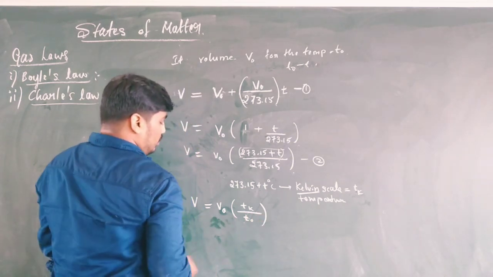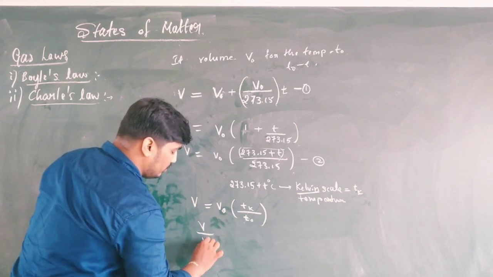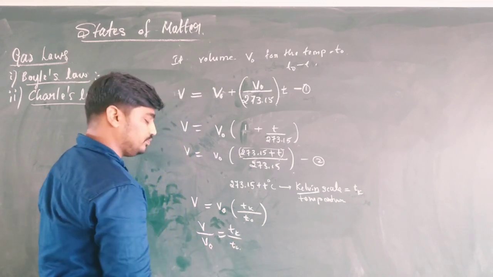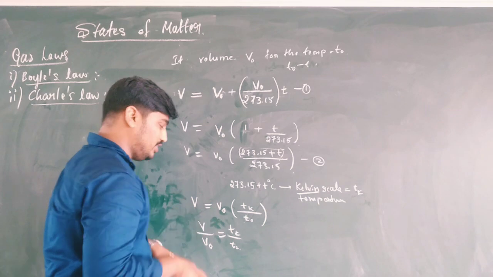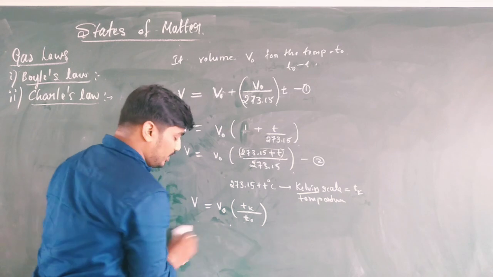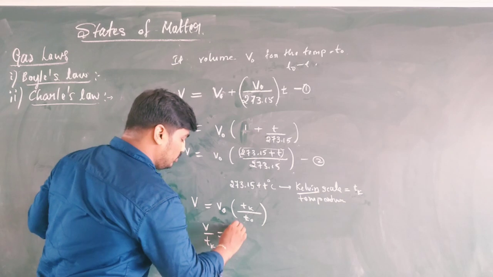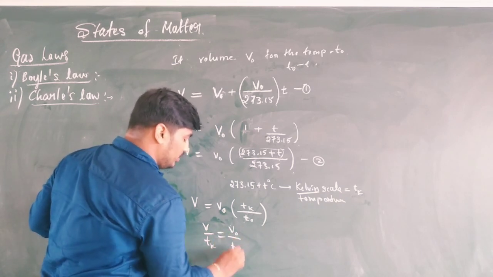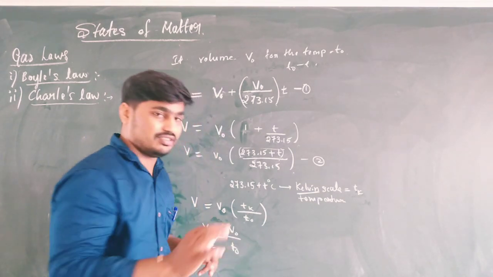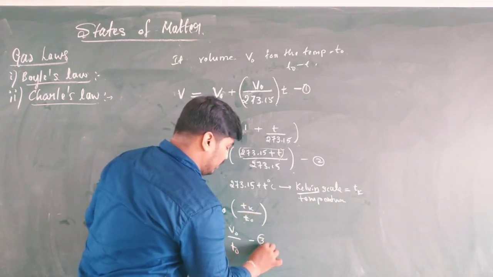Again I simplify the equation: V divided by V naught equals TK divided by T naught. When we consider the final things on one side and initial things on the other side, it becomes V by TK equal to V naught divided by T naught. Now just rearrange, or consider a different concept here.